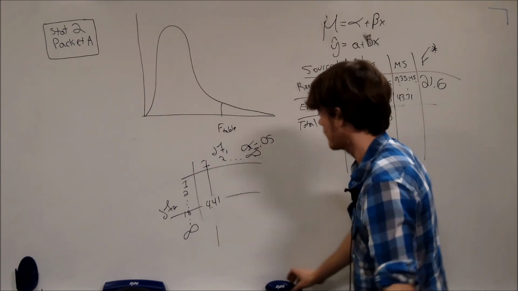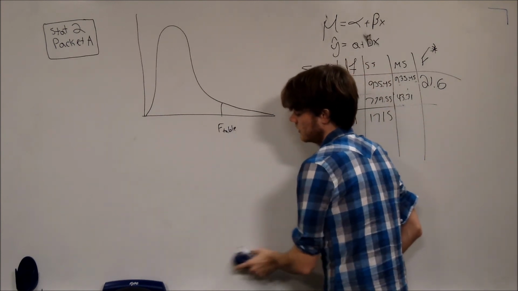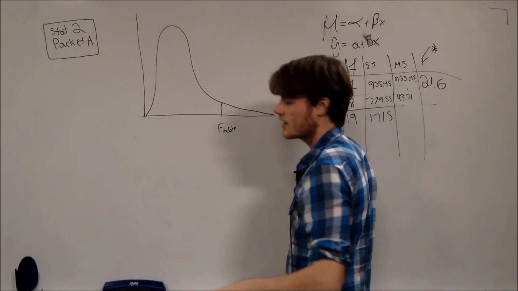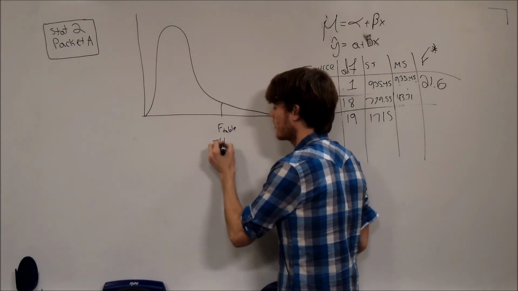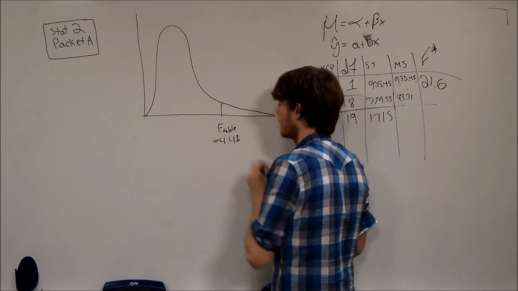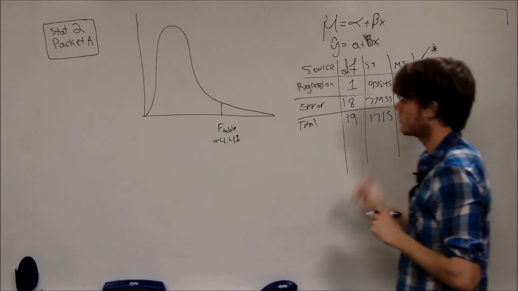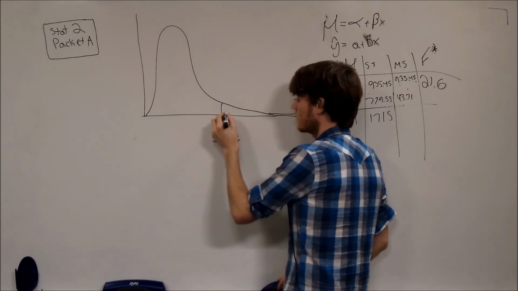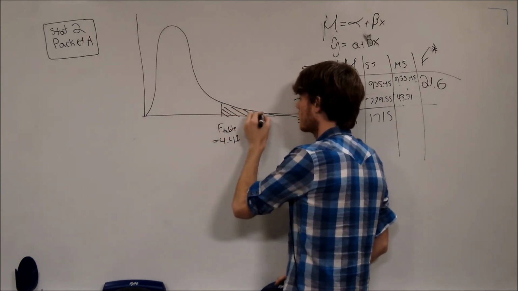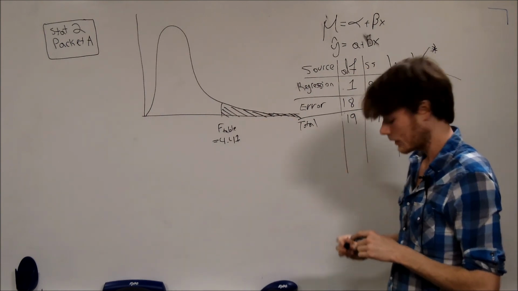Okay, so now to decide whether or not you reject or accept h naught. So this is the f table value, 4.41. Okay? We found, however, an f value of 21.6. Okay, so remember, this whole area is 0.05.